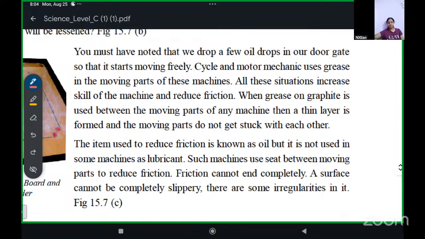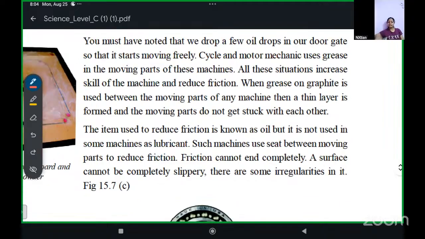The substance used to reduce friction is known as a lubricant, but it is not used in some machines. Such machines use ball bearings between moving parts to reduce friction. Friction cannot end completely. A surface cannot be completely slippery because there are some irregularities in it.